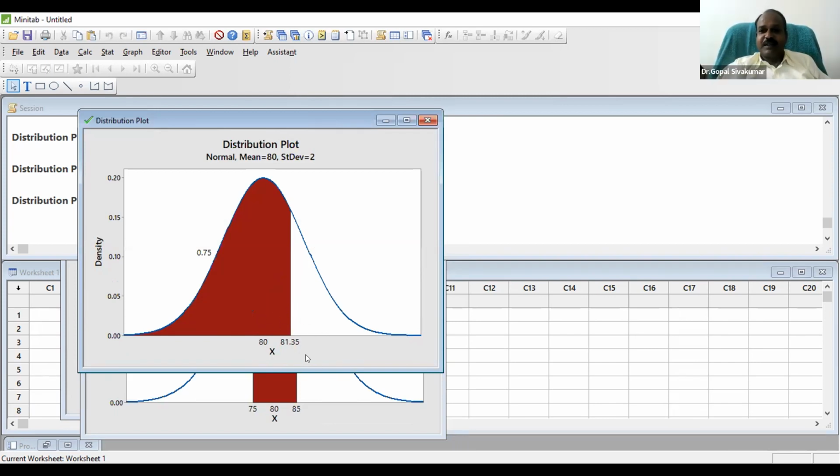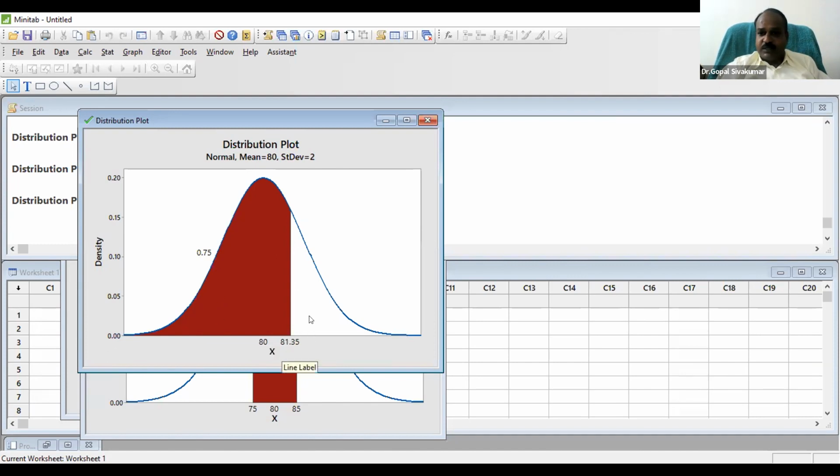For a class having an average of 80 and standard deviation of 2, if you want all the students who have scored less than or equal to 81.35 to stand up, 75% of the students should now stand up.